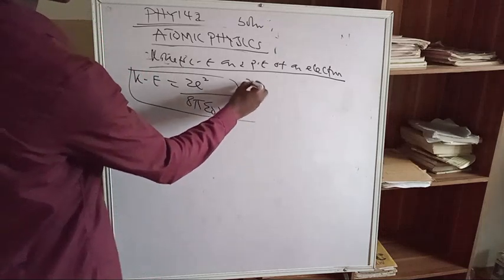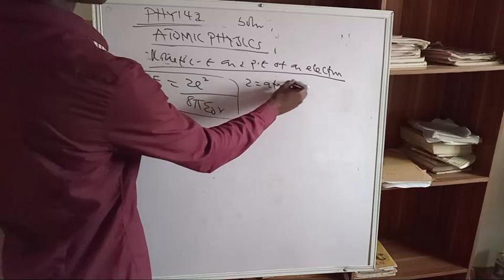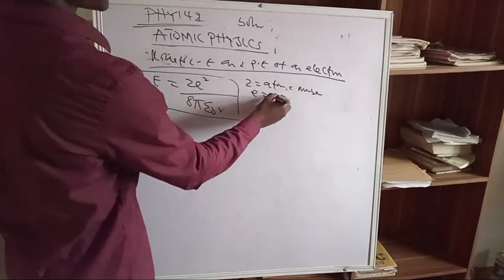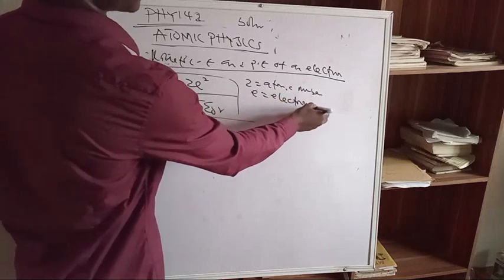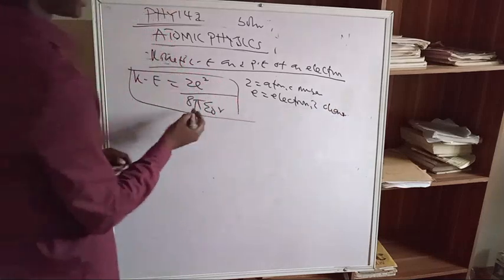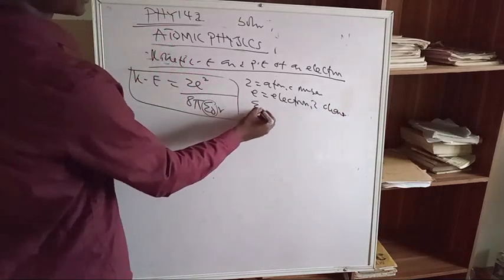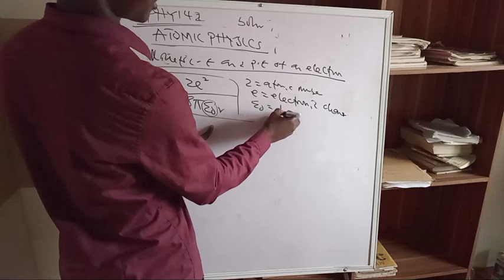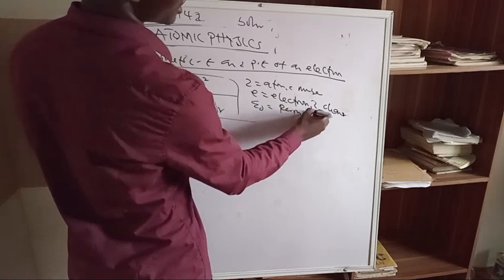So your Z is equal to atomic number. Then your e is equal to electronic charge. Then your epsilon naught here is the permittivity of free space.